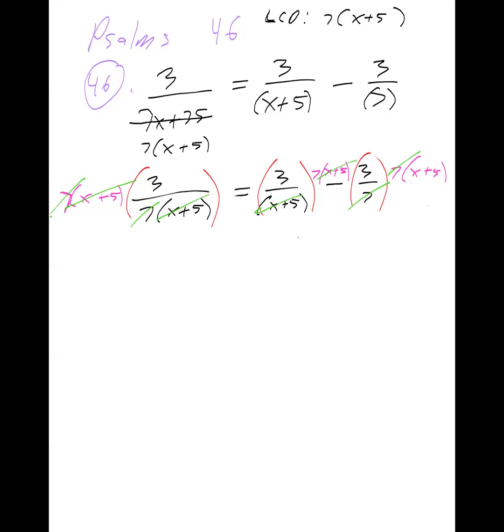So the only thing that's left is 3 equals 3 times 7 minus 3 times x plus 5. Cool. Okay, it's hard to see the green ink, isn't it? Let me change to black, because black is more on track.